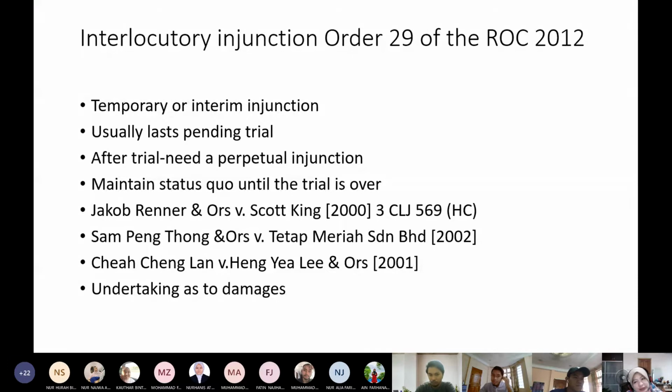I give you a scenario. For instance, you have a business, a contract with the other party. The other party is breaching the contract. For instance, you own a company named Boba Tea, and then you enter into a disagreement with the other party.